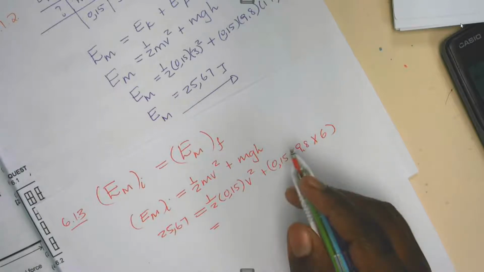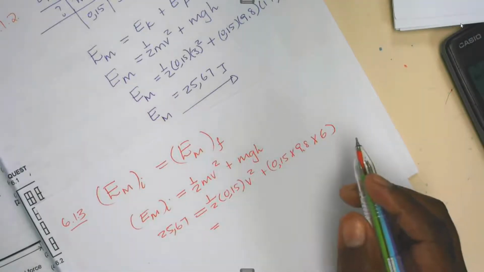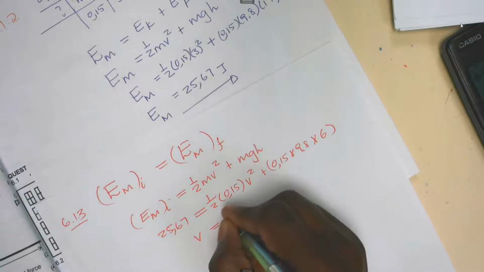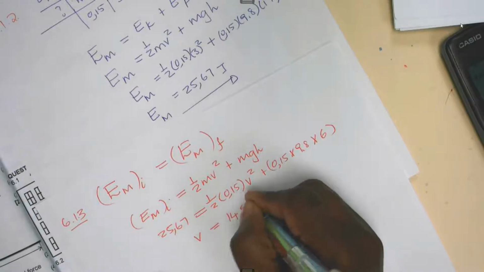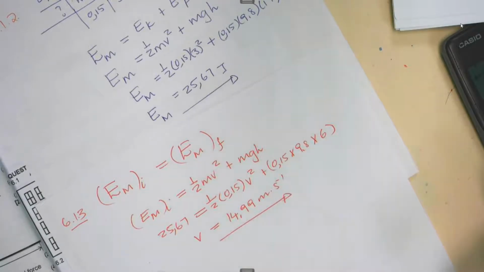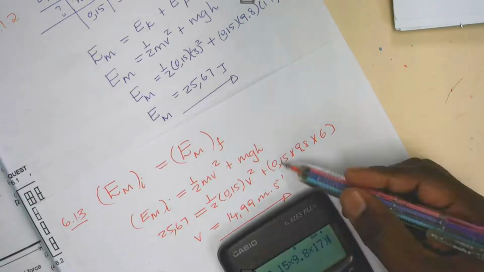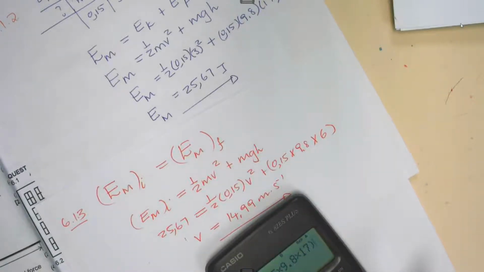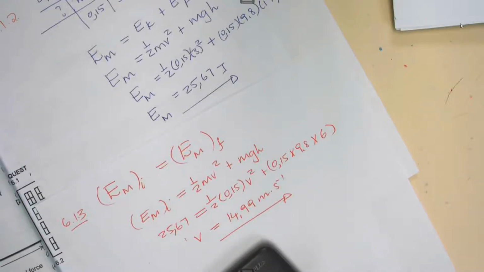And if you simplify that, you are going to get that your V is equal to 14.99 meters per second. Start here, you transpose, multiply by 2, divide by 0.15, and you take the square root.